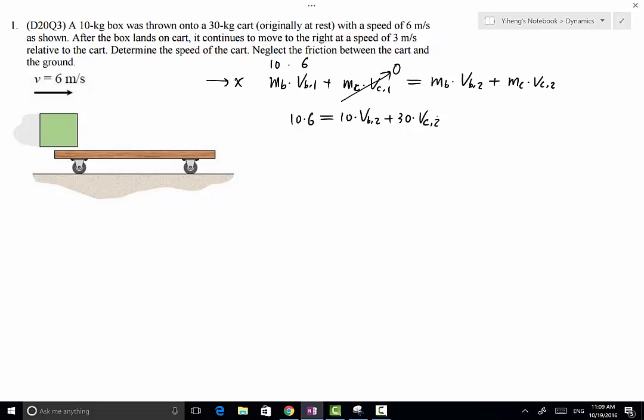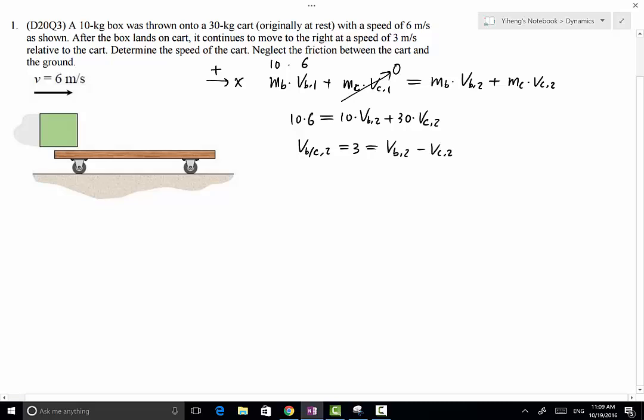We know that the box at state 2 has a relative velocity of 3 meters per second with respect to the cart, which means that, if we choose right to be our positive direction, VB2 equals VC2 plus 3. In other words, the relative velocity VB relative to C at state 2 equals 3, which equals VB2 minus VC2.